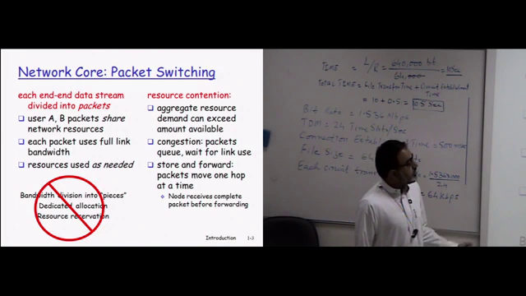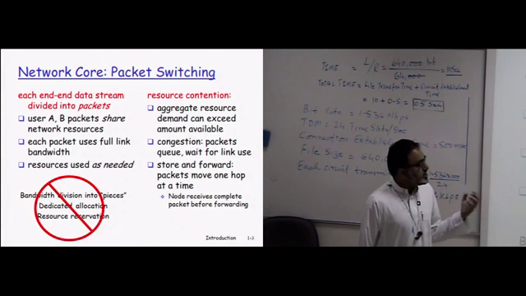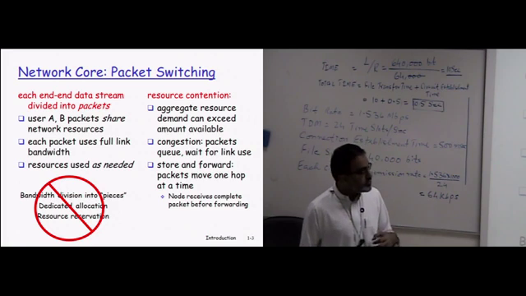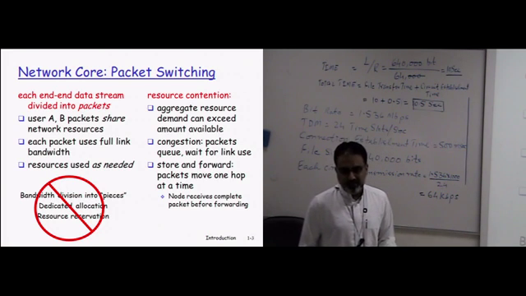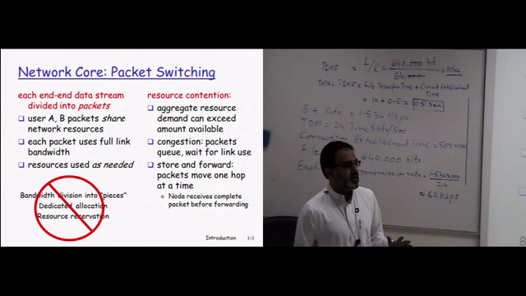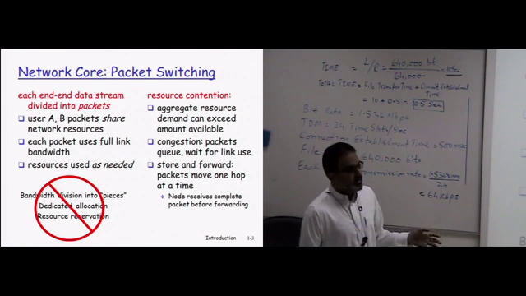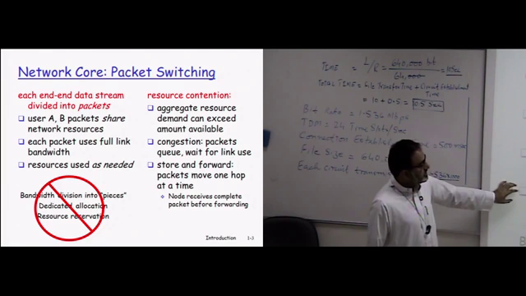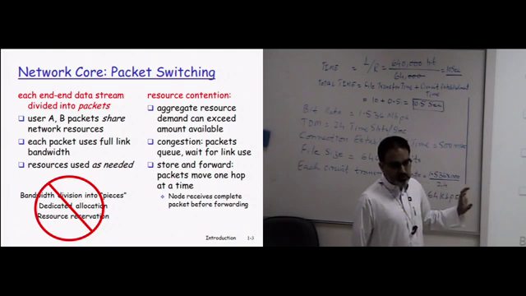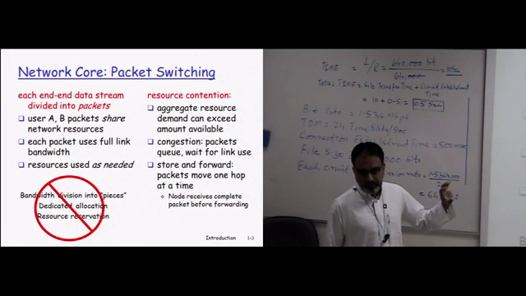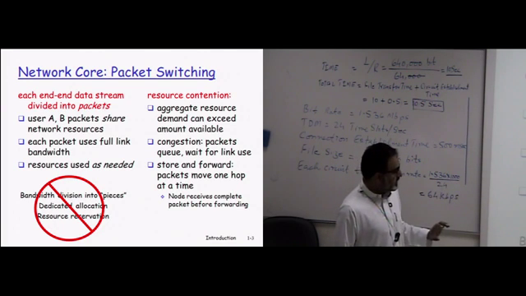So for users A and B, each packet will use the full capacity of the link, the full bandwidth, because bandwidth is not going to be divided. Resources are used as they are needed by the users, and their packets are transmitted over the resources.